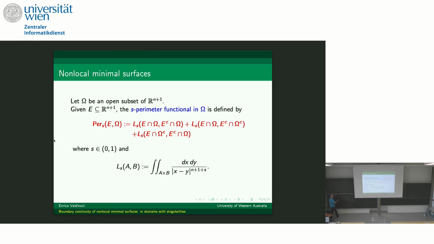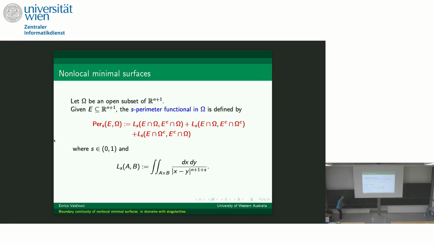Well, because E could be in omega, and the complement of E could be in omega, or E could be in omega, and the complement of E could be in the complement of omega, or E could be in the complement of omega, and the complement of E could be in omega. And here the only thing that I'm not putting is the case in which both E and the complement of E are intersected with the complement of omega, just because I consider that as an external datum.